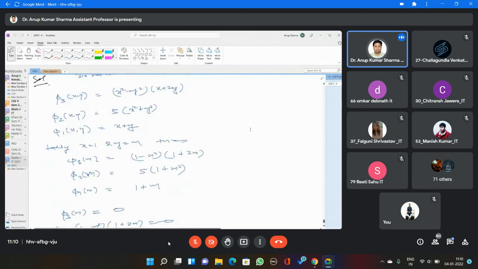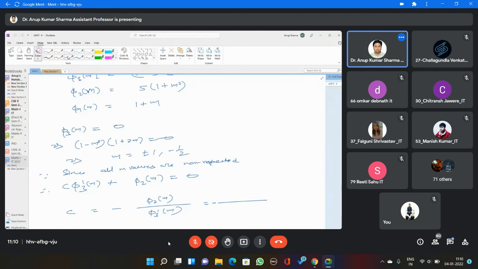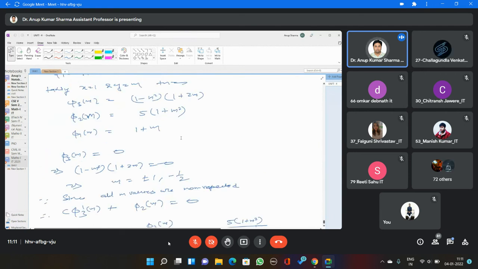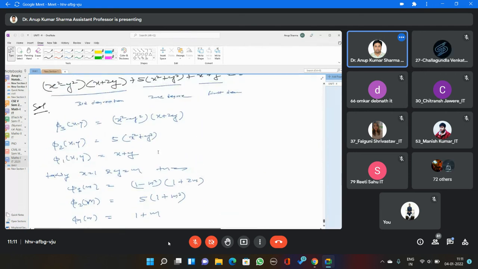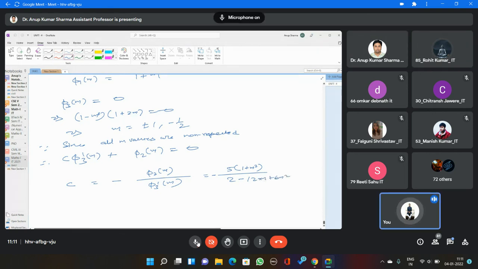Phi 3 dash of m is the differentiated phi 3 of m, which is 2 minus 2m minus 6m squared. Repeat one more time, 2 minus 2m minus 6m squared.